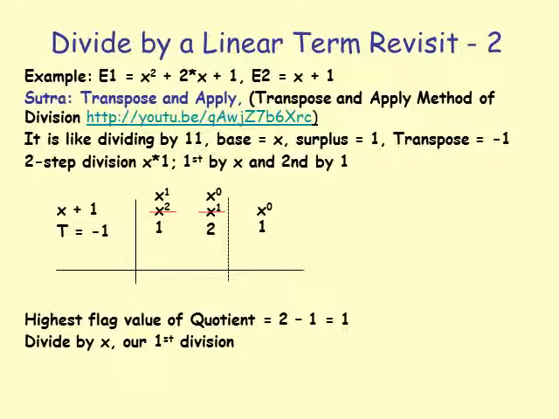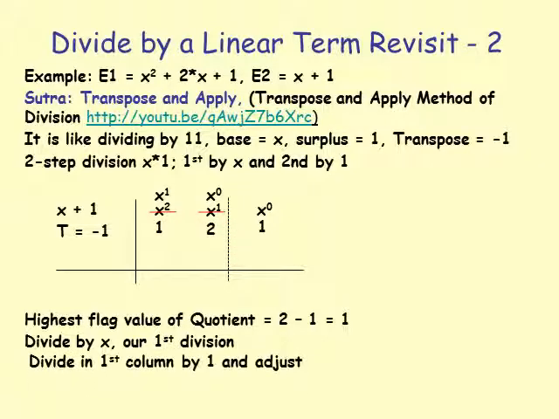Okay, so we draw this line here, and if we were to divide x squared plus 2x plus 1 by x, we will get x plus 2 remainder 1. So that we just did, divided by x. Let's continue.